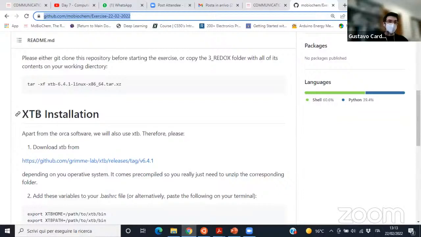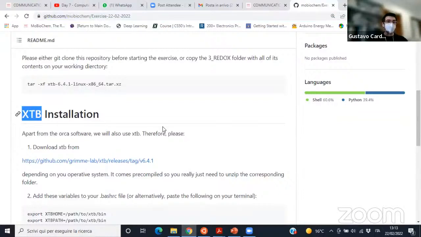Now, XTB is a program that allows you to perform some kind of semi-empirical quantum mechanical calculations, although I'm not entirely sure whether that's precise, because it uses a method which is more often used in solid-state physics, which is called the tight binding method, but applied to molecular systems, as in our case.